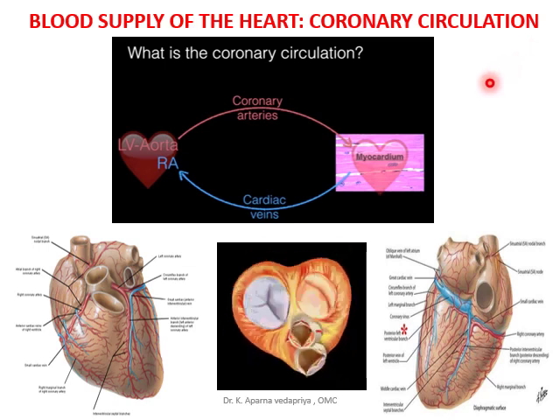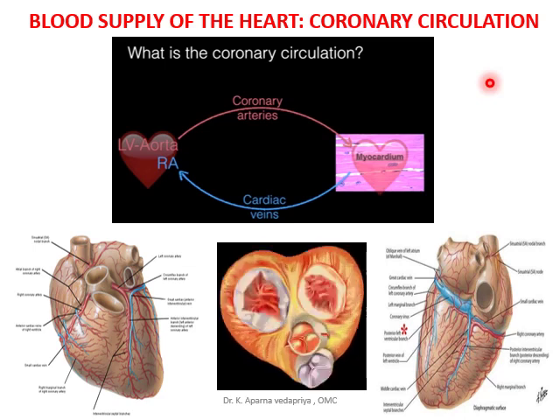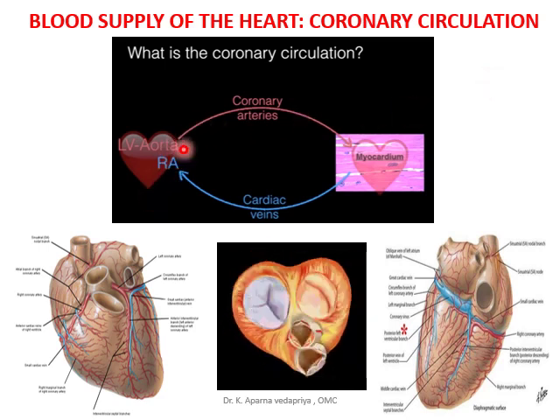So what basically is coronary circulation? In general, it is the blood given from the heart to the heart: blood is taken from the heart and given back to the heart. These are the two coronary arteries, which arise from the ascending aorta.